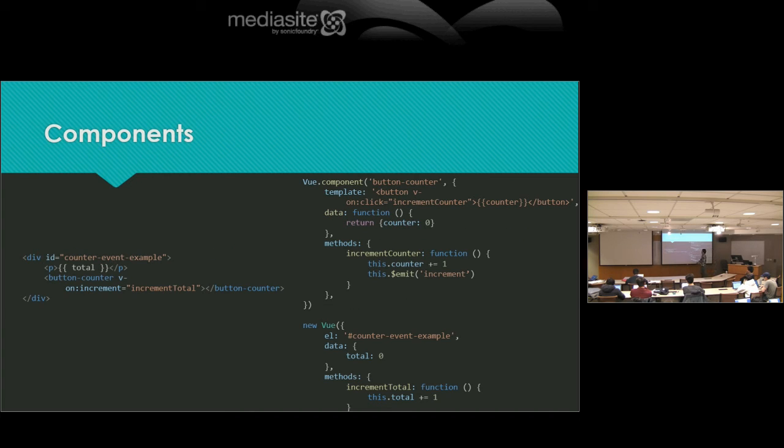The other way that child is going to talk to the parent is by having events. This Vue component is basically just a simple button that, whenever you click it, the child is going to fire an event. The parent is listening to this event, and the parent also has a counter.